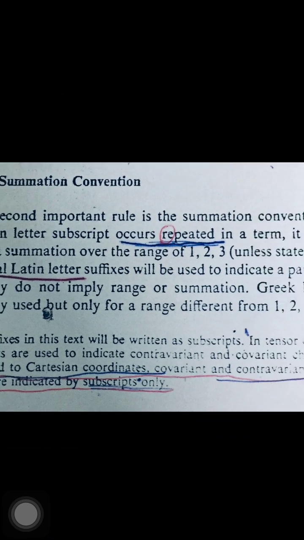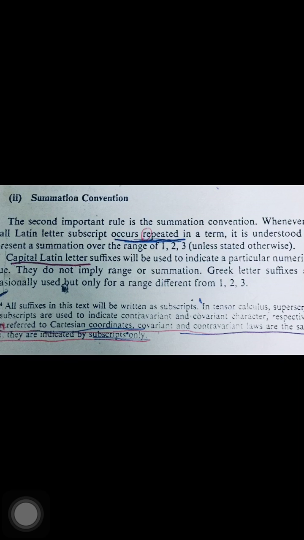One more thing which you have earlier studied: all suffixes in the text will be written as subscripts. In index notation of Cartesian tensors, all the indices are subscripts. But in tensor calculus, you have already studied that you have a superscript, you have a subscript, or sometimes both subscript as well as superscript, which is a mixed tensor.